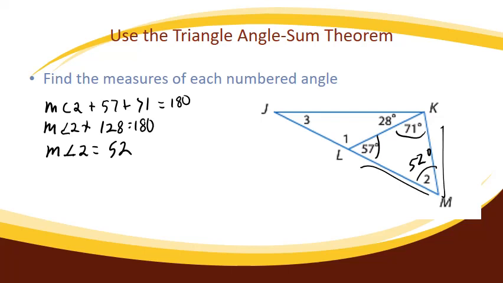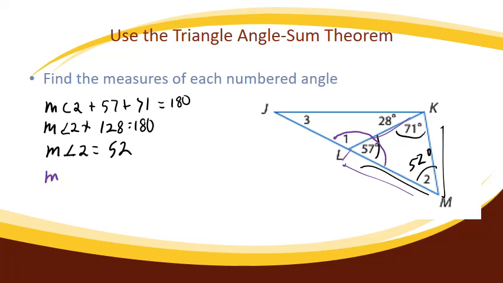Well, I've really got no choice but to go ahead and tackle angle 1. Angle 1 is adjacent to MLK, which is 57, and these two angles right here are a linear pair, which means that they're supplementary. They've got to equal 180.